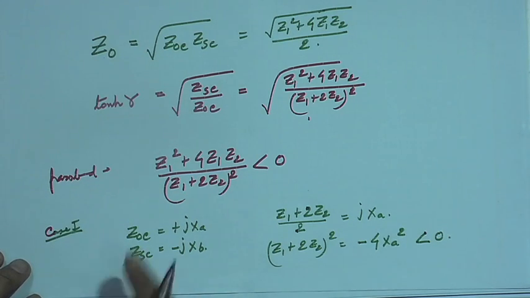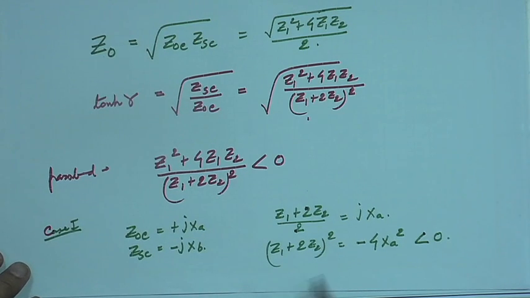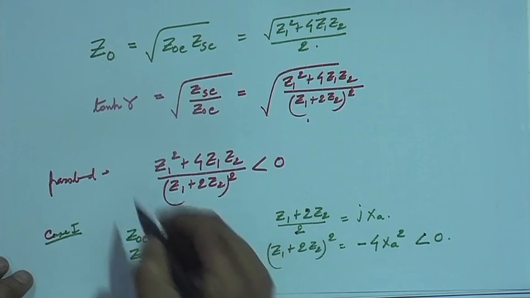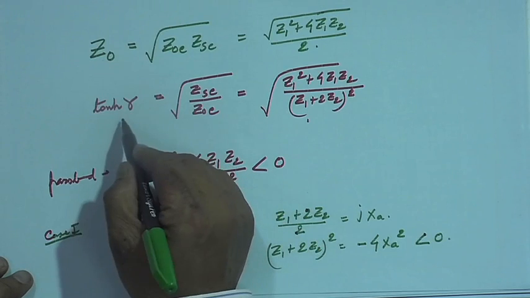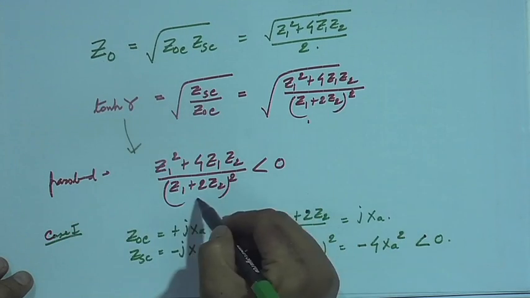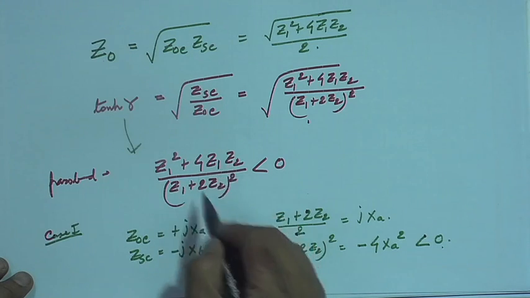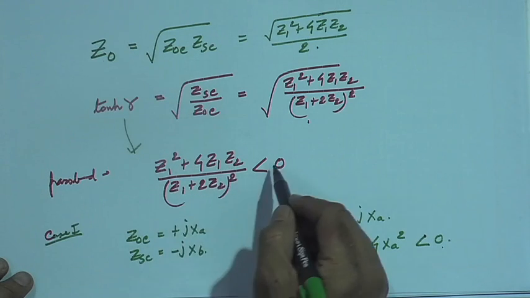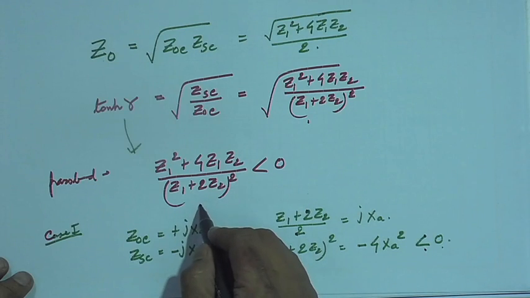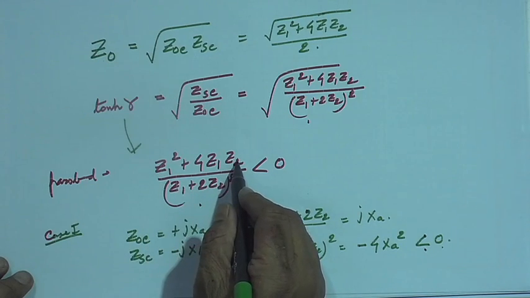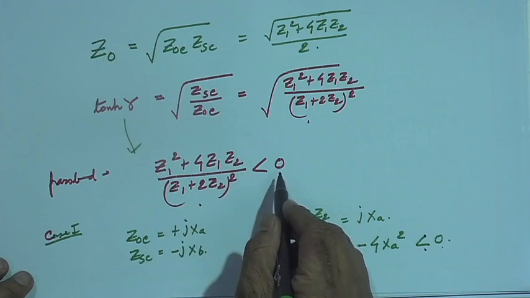So tan beta, that means in the passband we know this tan beta value is this. Now this is less than 0, so this whole thing is less than 0, and the denominator is less than 0, so the numerator needs to be positive to satisfy this.